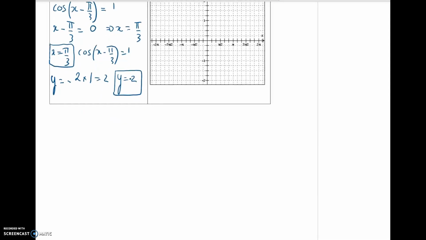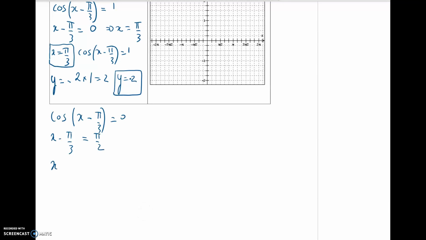I can do it again, pretending the cosine of my angle equals 0. I know that means the angle equals pi over 2.